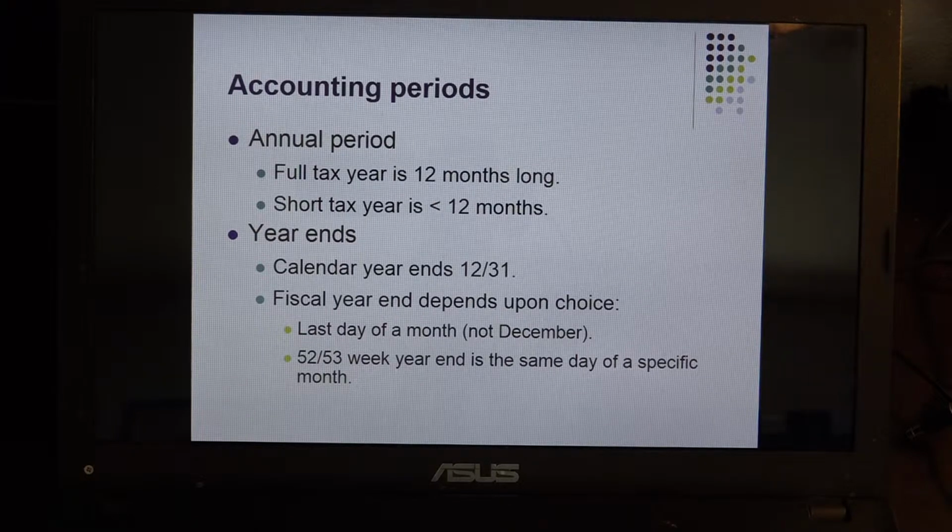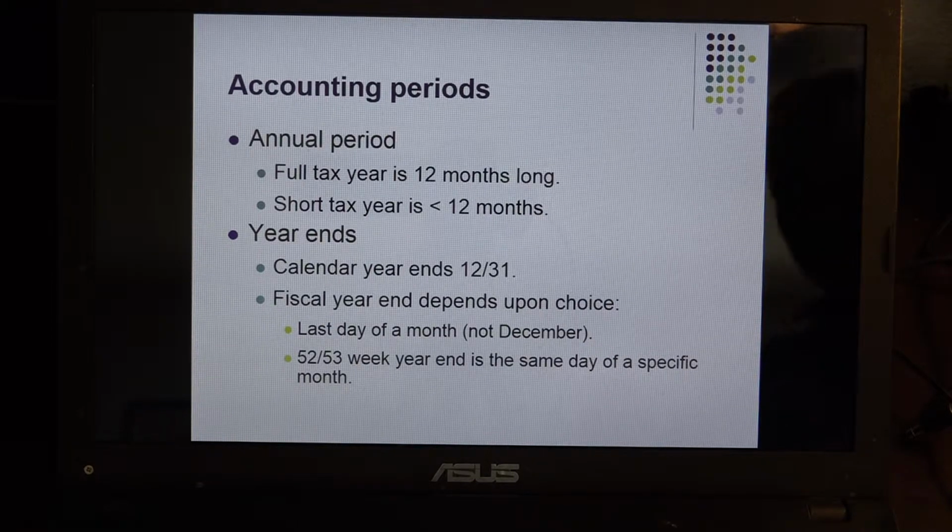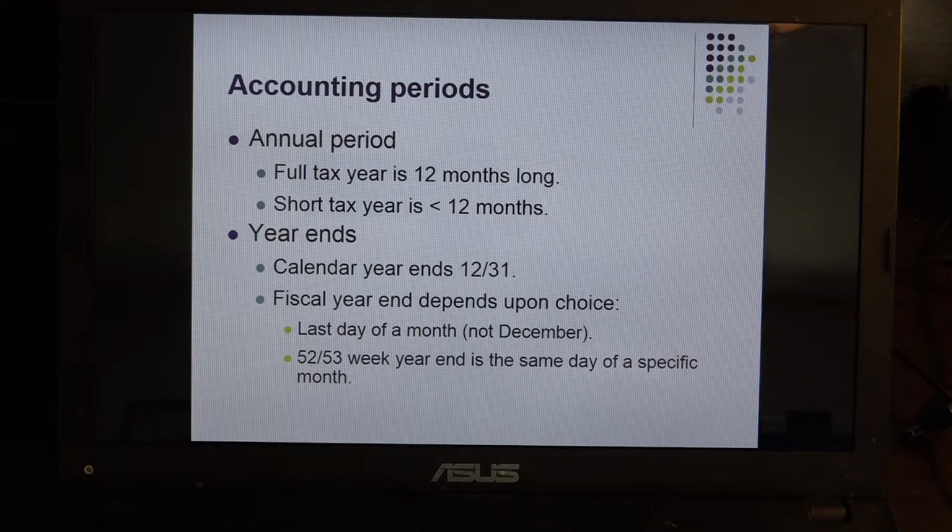Partnerships and those entities treated as partnerships have some special rules about this when you have more than one partner. Let me just put that caveat out there. But for the most part, this is pretty much like what you may have hopefully learned in financial accounting.